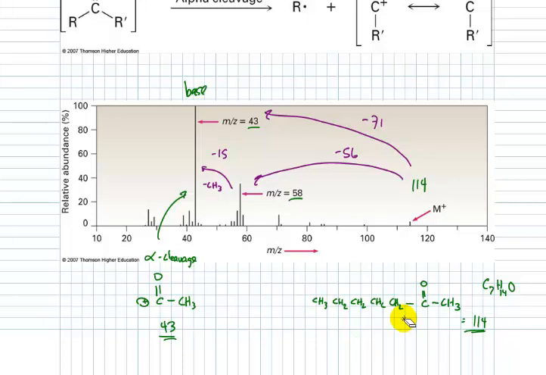But the thing is, this is long enough to do a McLafferty rearrangement. So let's see if that gives us our 58. It has to if they highlighted it here, right?